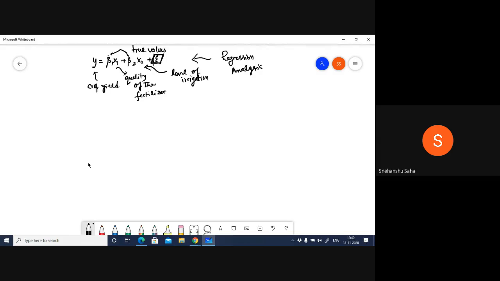Now, there are different types of data that we have to deal with. If we have purely quantitative data, we don't really have to worry much. But if we have qualitative or categorical data, we need to figure out a way to convert it to a quantitative variable.